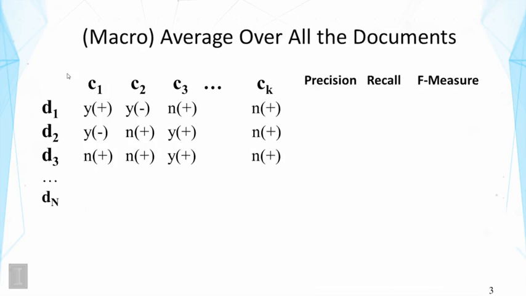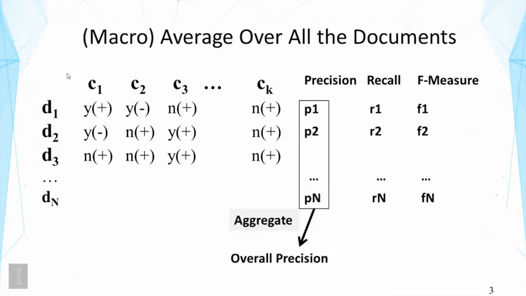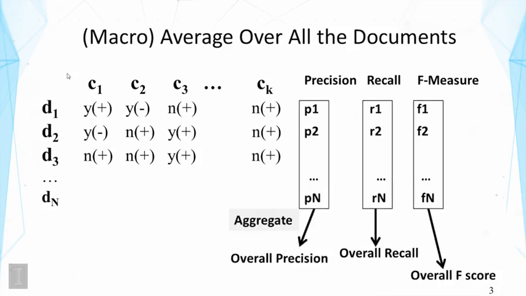Now, we can do the same for aggregation over all the documents, right? So it's exactly the same situation. For each document, we'll compute the precision, recall, and F. And then after we have completed the computation for all these documents, we're going to aggregate them to generate the overall precision, overall recall, and overall F-score. And these are, again, examining the results from different angles, and which one is more useful would depend on your application.